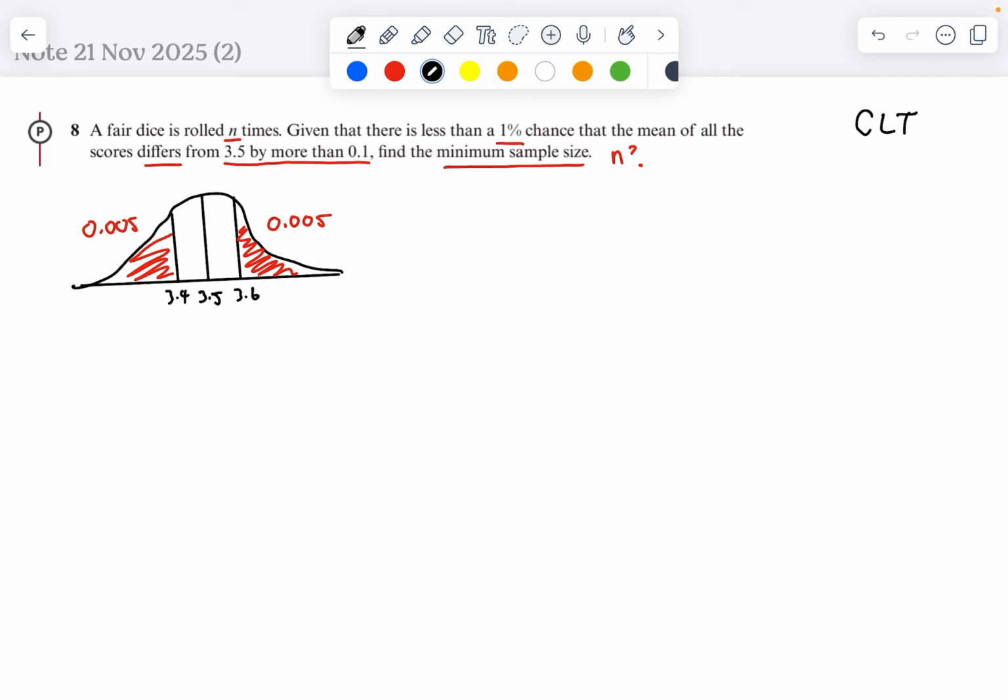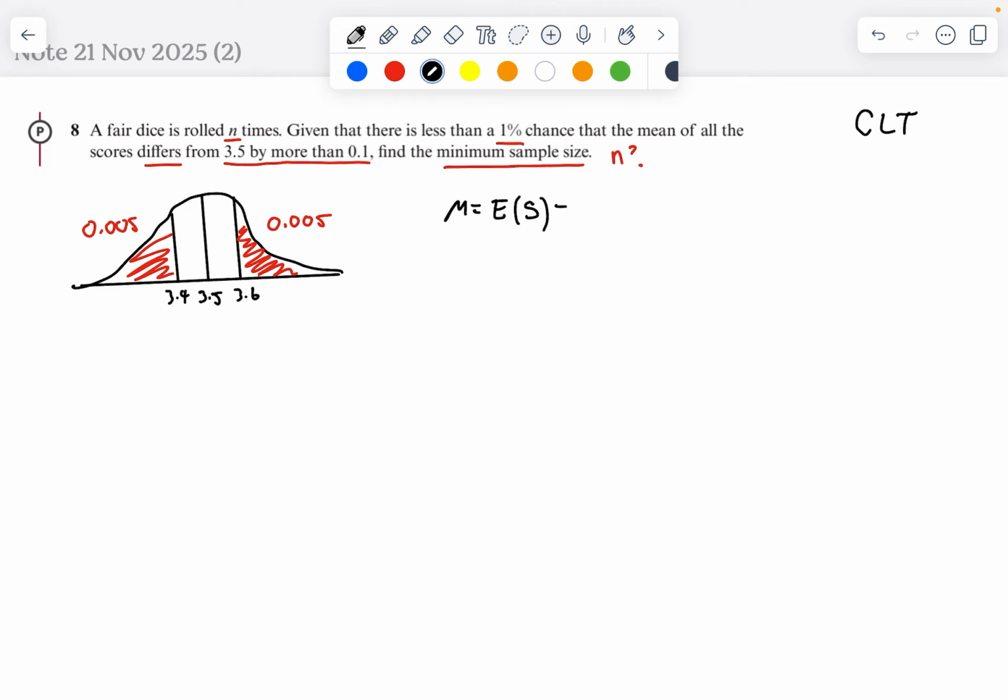Okay, well, normally if we've got an area but we don't know the value, if it's a normal, we can do a reverse normal. But we don't know what the mean or the standard deviation are. So first thing, let's work out what the mean is. The mean we could also calculate as the expected value of rolling this fair dice.